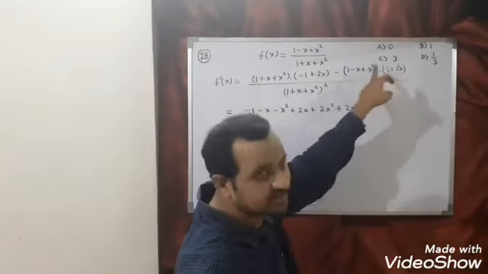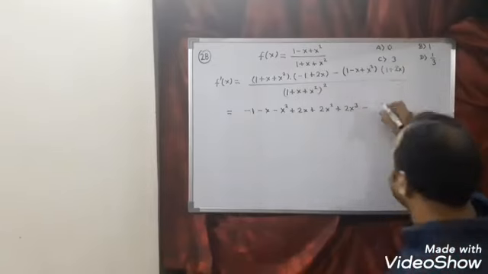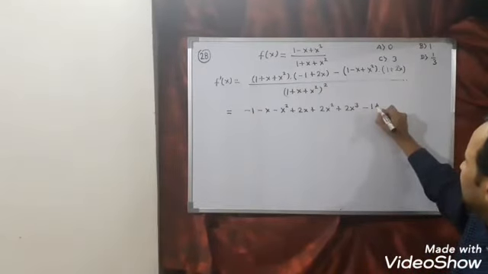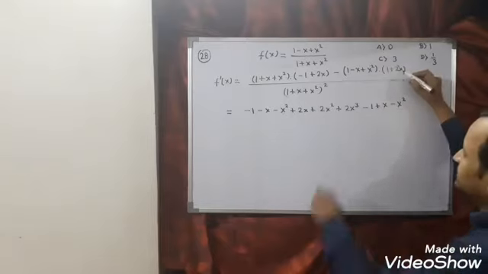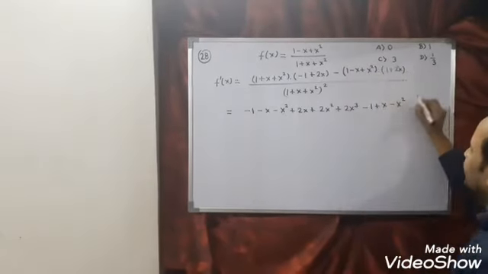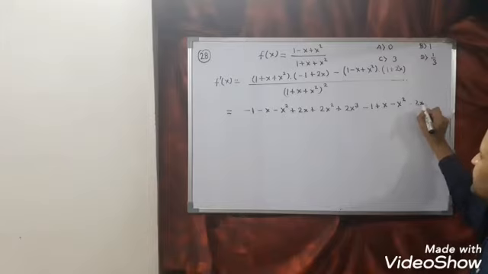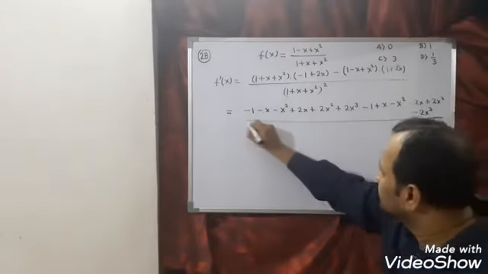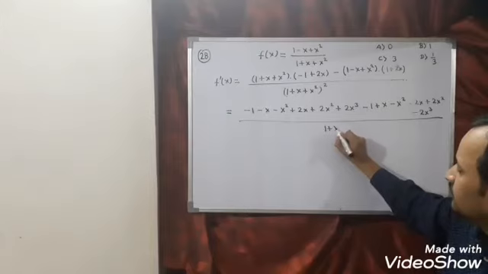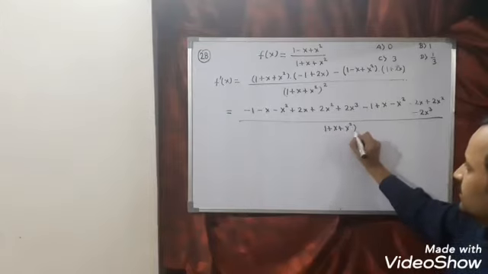Now this one you multiply with all with sign: so minus 1 plus x minus x square. Now 2x multiplied with all with sign: minus 2x plus 2x square minus 2x cube, whole divided by 1 plus x square whole square.